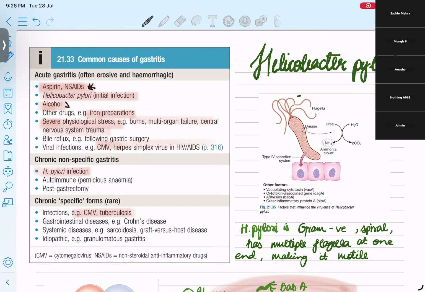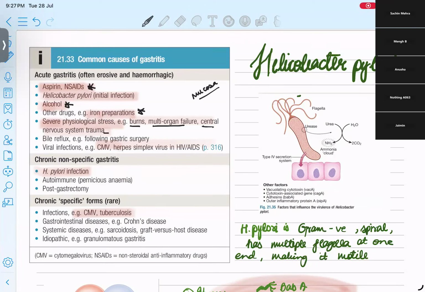Alcohol, drugs like iron preparations, and severe physiological stress such as burns, multi-organ failure, and central nervous system trauma can all cause acute gastritis, and they are erosive and hemorrhagic. Erosions do not always affect the mucosa of the stomach, but the patient can present with very critical symptoms and needs to be treated promptly.